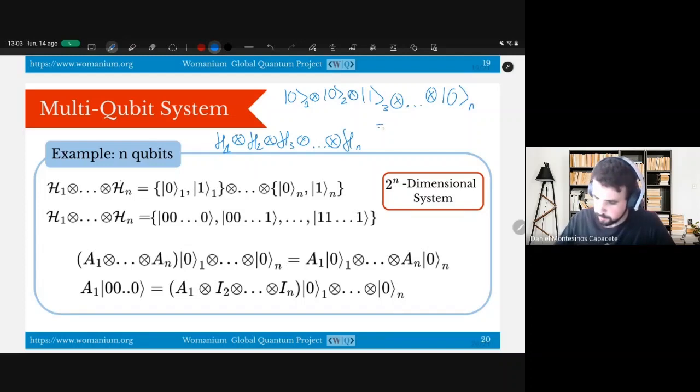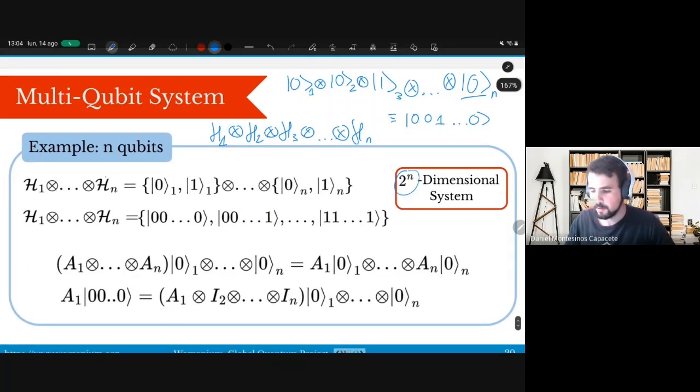And this could also be denoted as 0, 0, 1, 0, and so on. So the dimension of the system will be 2 to the power of n, right? Because for each multiplication of the Hilbert space, we are doing 2 times 2 times 2, since each system is two-dimensional.